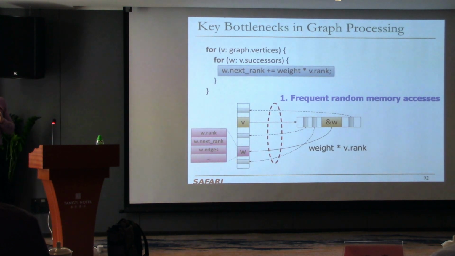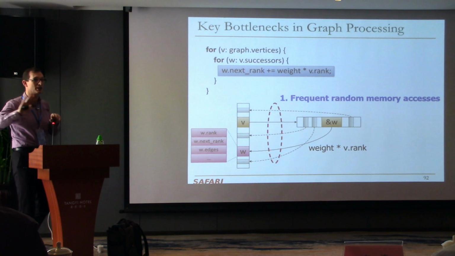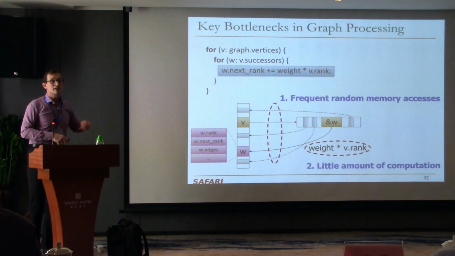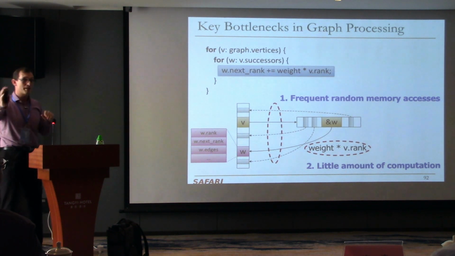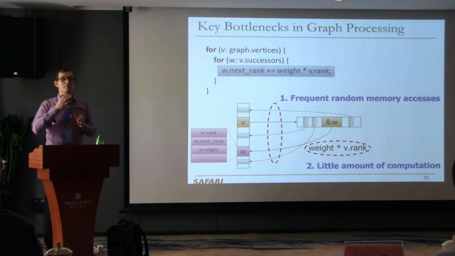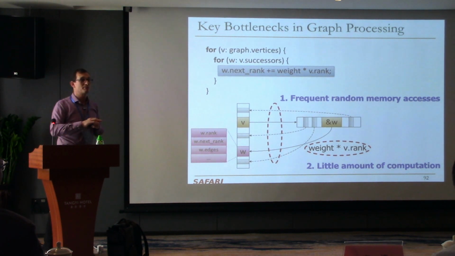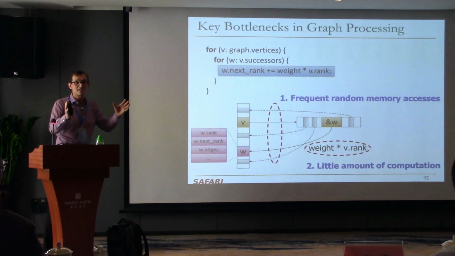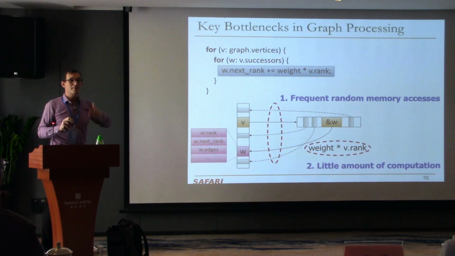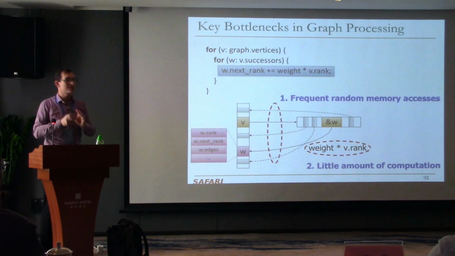There are parts of graph processing that have good locality, and you should exploit locality, but a lot of parts of graph processing have bad locality. And there's a small amount of computation to cover for the memory accesses. So this is really an application that exacerbates the memory access problem, basically the data movement problem. You don't get good locality, so your caches are essentially useless for much of the application. But you're doing these random memory accesses that are causing a lot of data movement in the system.